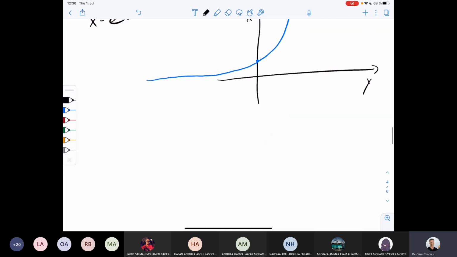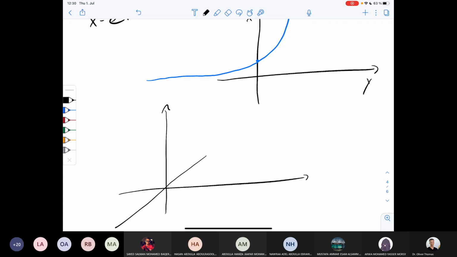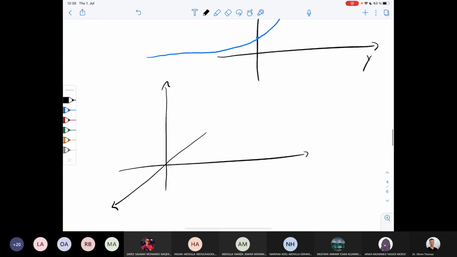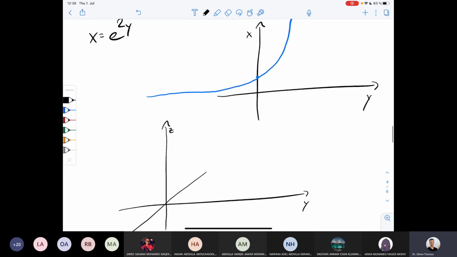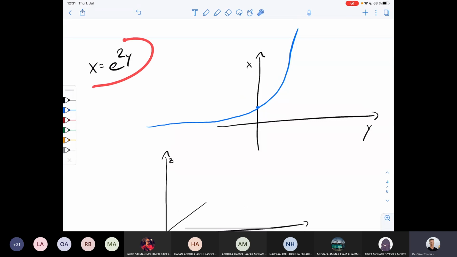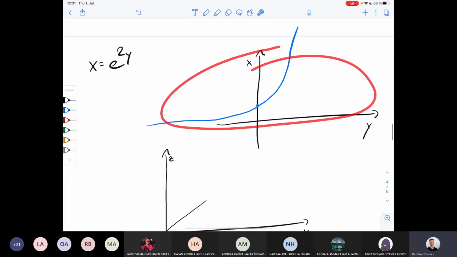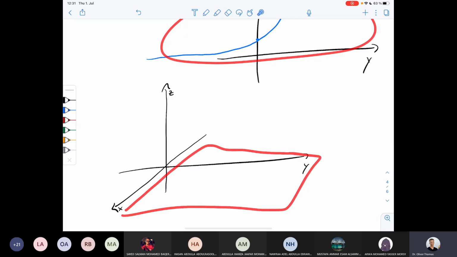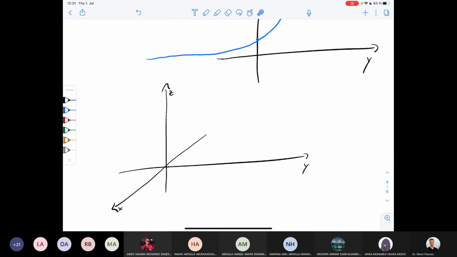And now we need to transfer this into our three-dimensional coordinate system. So x, y, and z. And when we transfer it, we start with z equal to 0. So we're just going to try to put this plot into this xy plane.